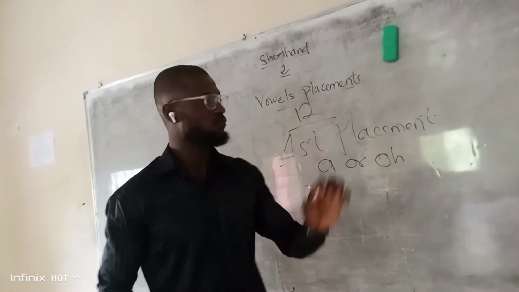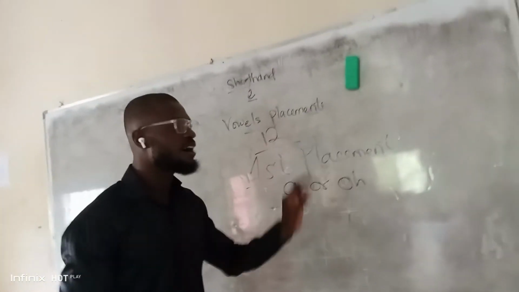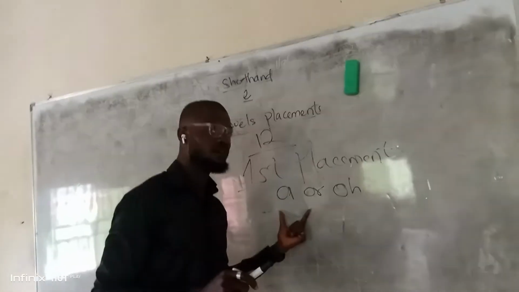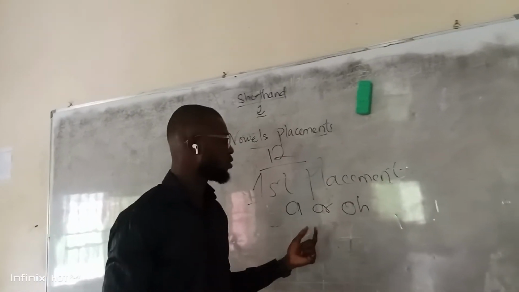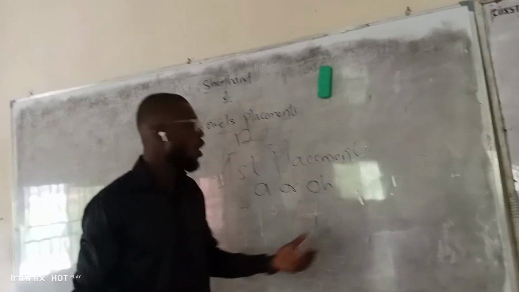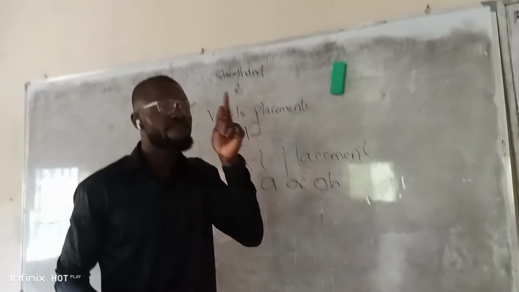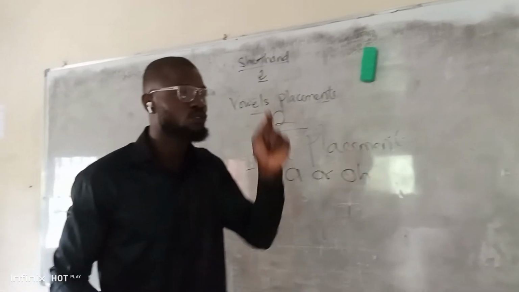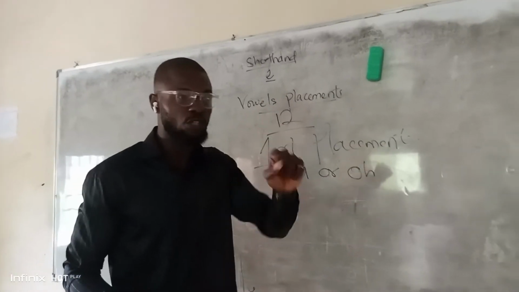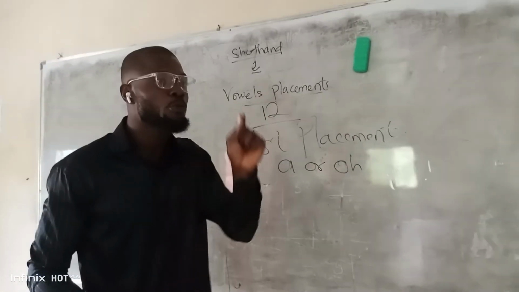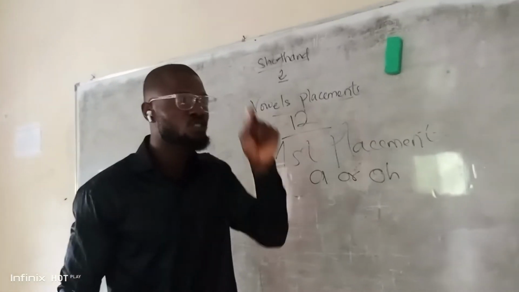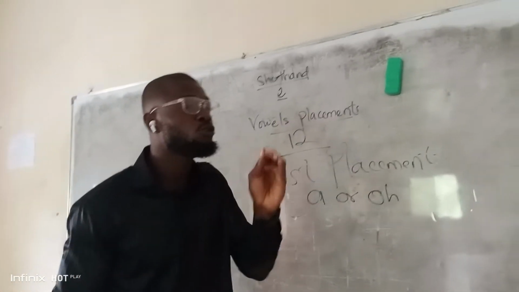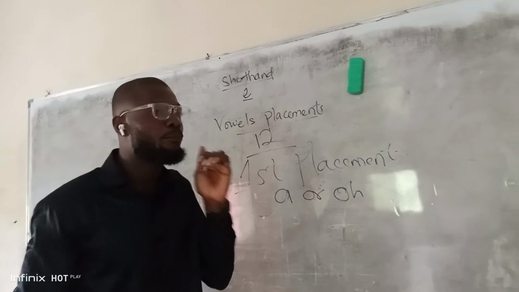Let me repeat myself. Whenever you hear a sound, or you hear o as the first vowel sound in that word, you will put your first consonant stroke above your line.